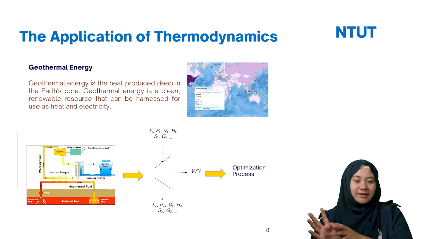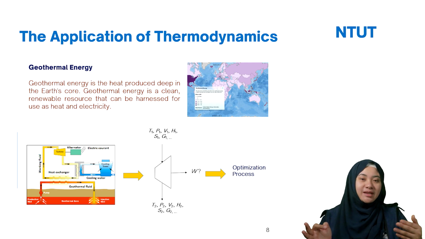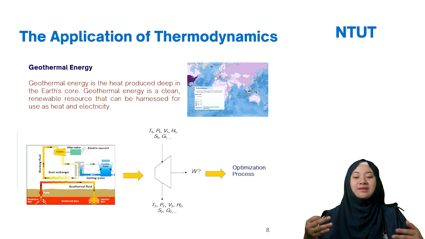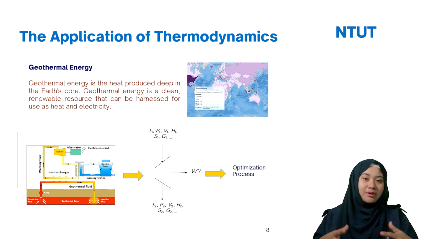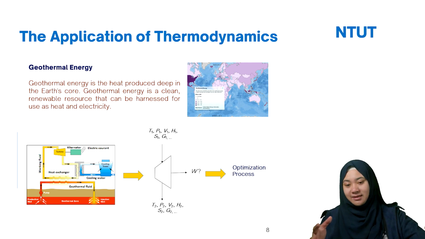However, oil and gas are non-renewable resources. But geothermal energy is renewable, because you just consume the steam or heat from the earth, and then you reuse it and it comes back again to the earth.